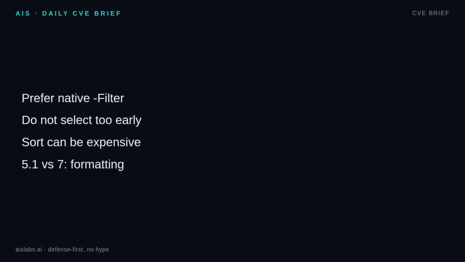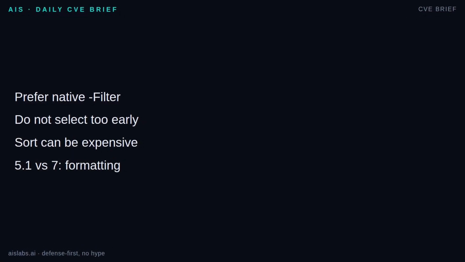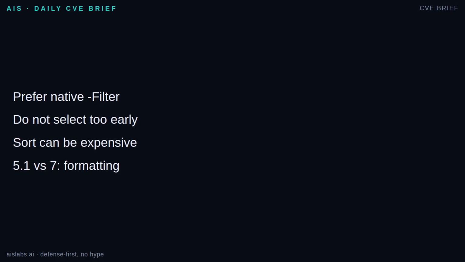First pitfall. Where-Object is powerful, but it is not always the fastest place to filter. Filter left. If a cmdlet has a native -Filter parameter, use it when you can. Get-ChildItem -Filter *.log is better than getting every file and piping to Where-Object Name -like *.log.